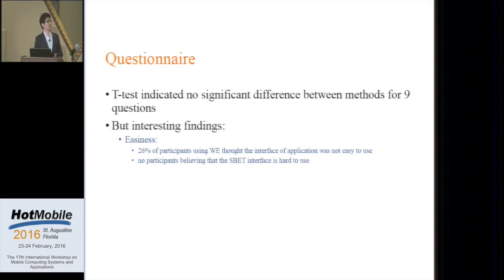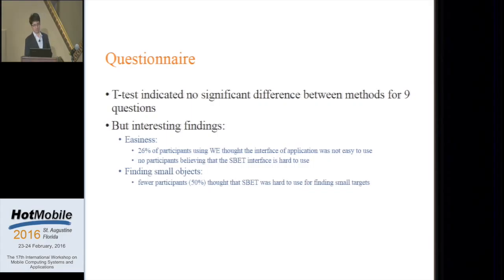No participant believed that the SPET interface is hard to use. And for finding small objects, fewer participants thought SPET was hard to use than WE. A lot of people think that WE is a little difficult for finding the target, especially small targets.